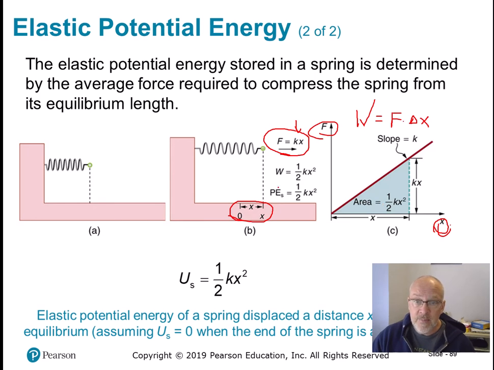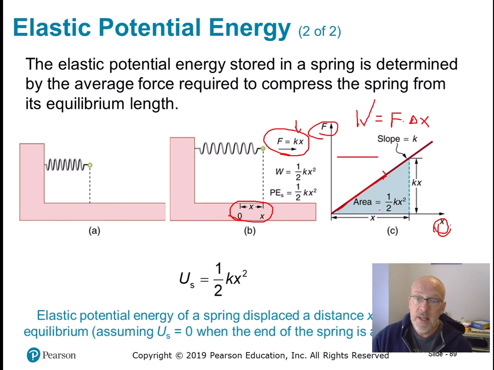And for a spring constant, we see that the more we compress it, the area goes up. It's not a straight horizontal line. The force required to compress the spring actually goes up. In other words, the further you compress it, the harder it gets to continue to compress it.